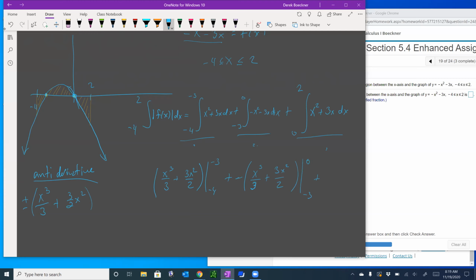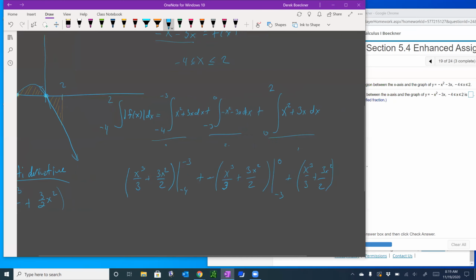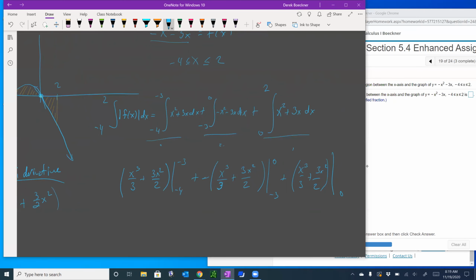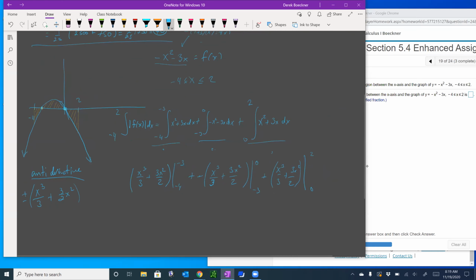And we're going to add to that the positive of x cubed over 3 plus 3x squared over 2. And this one's evaluated at 0 and 2.